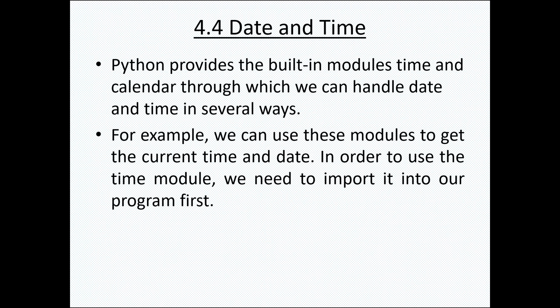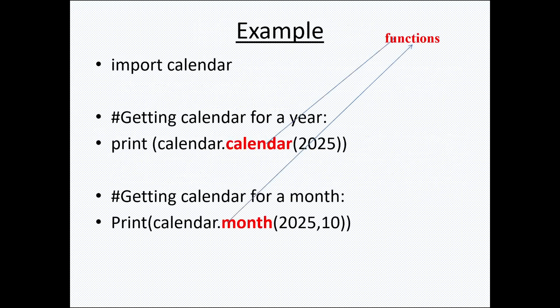Date and time module. Python provides the built-in modules time and calendar through which we can handle date and time in several ways. For example, we can use these modules to get the current time and date. In order to use the module, we need to import it into our program first. In this example, first we import the module calendar.